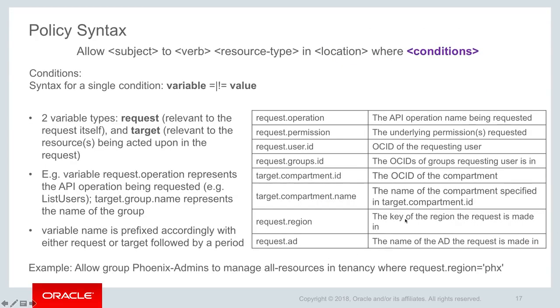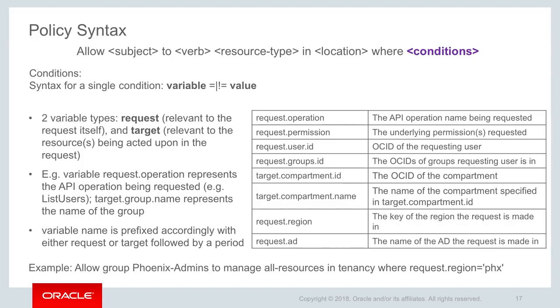So this is my policy statement. You could have a condition that says something like, allow my group to manage volume family in the tenancy where the request.operation does or does not equal a particular value. I'm using the request operation here to identify the specific API function.